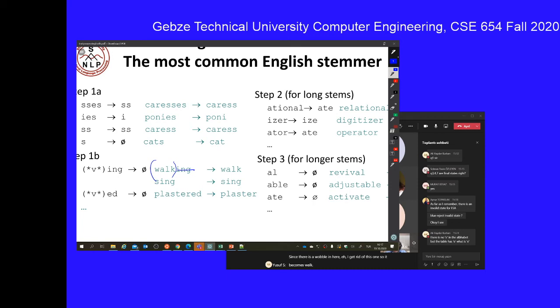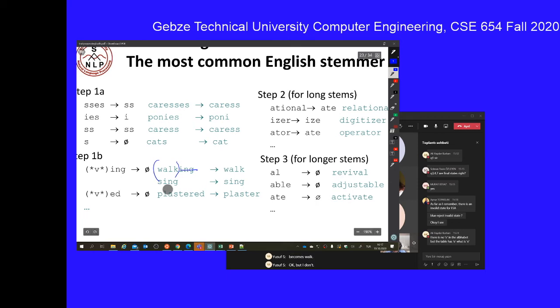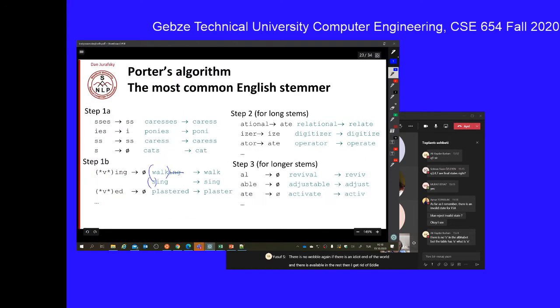But I don't touch "sing" because inside the "s," there is no vowel. Again, if there is an "ed" at the end of the word and there is a vowel in the rest, then I get rid of "ed." "Plastered," "plaster." So it's a simple English stemmer.